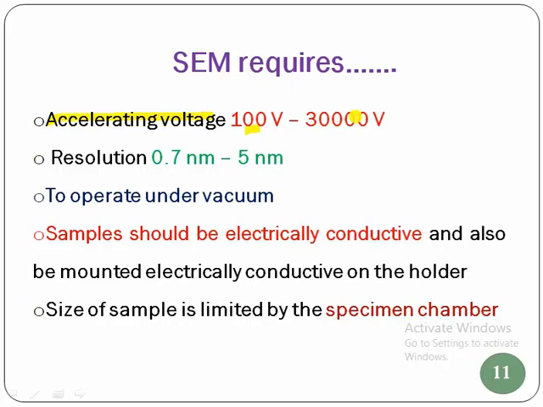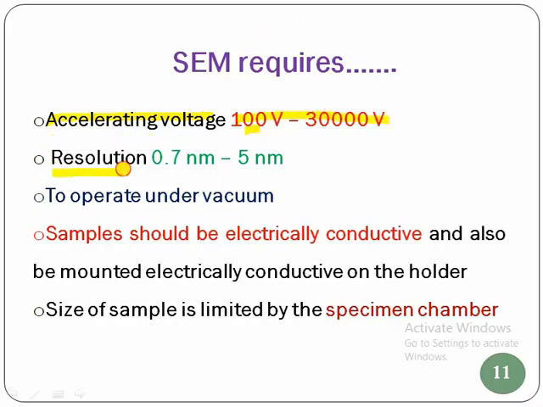As I said, our interest is the interaction between the electron beam and the sample. If accelerating voltage increases, the interaction between electron beam and sample will increase. So our interest is to increase accelerating voltage, and we have to apply this much voltage.